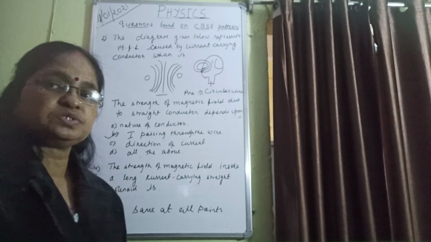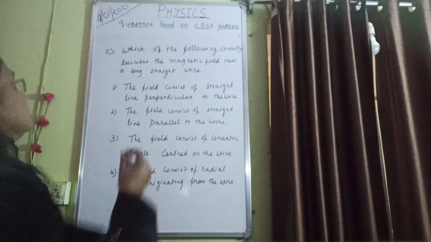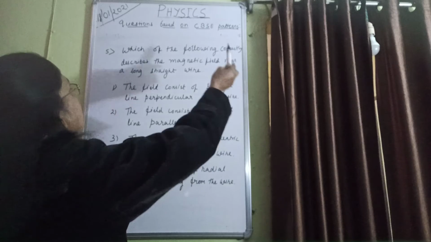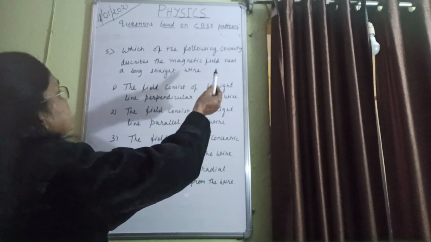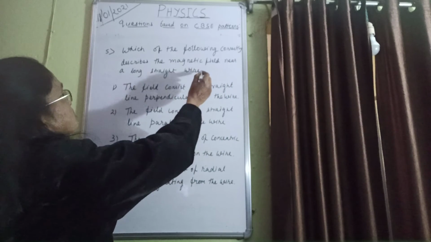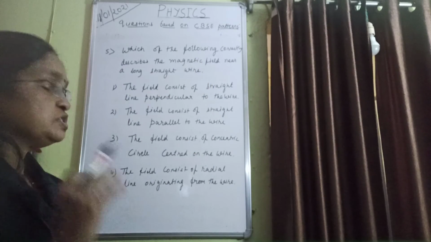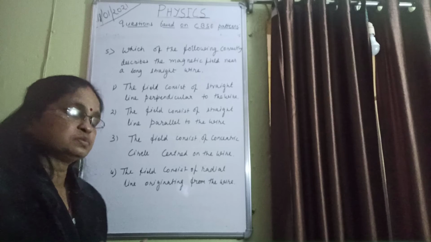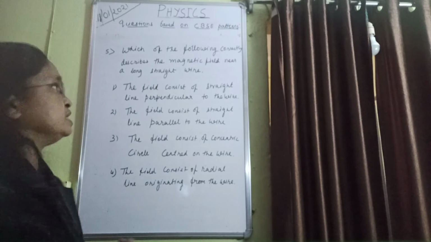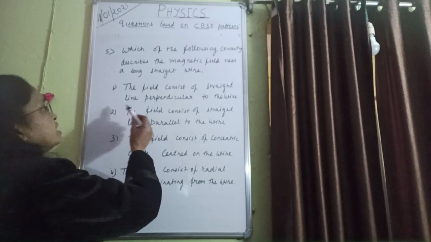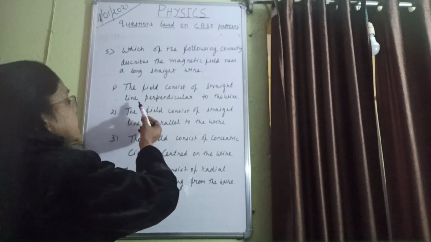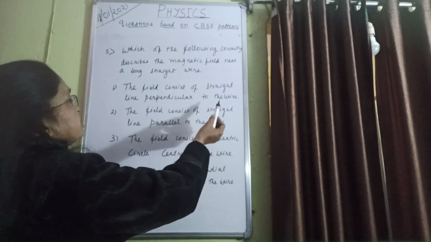See the next question, and the last question. Which of the following correctly describes the magnetic field near a long straight wire? So from these four we have to see which one is correctly describing the magnetic field. So the first one, let us check it. The field consists of straight lines perpendicular to the wire.